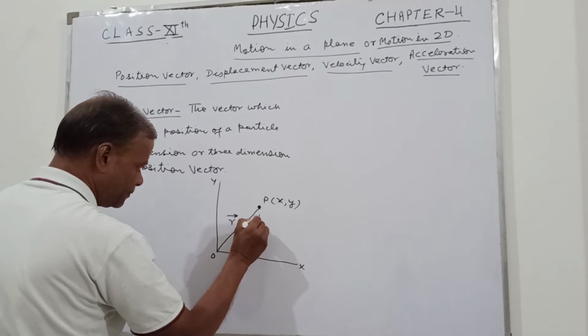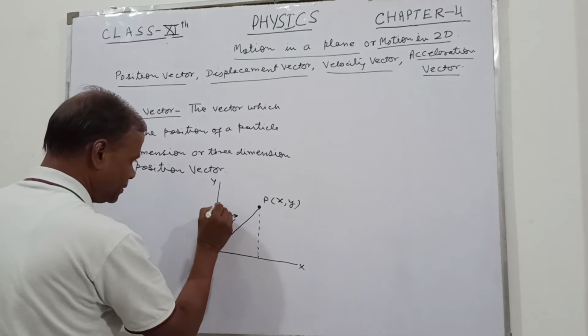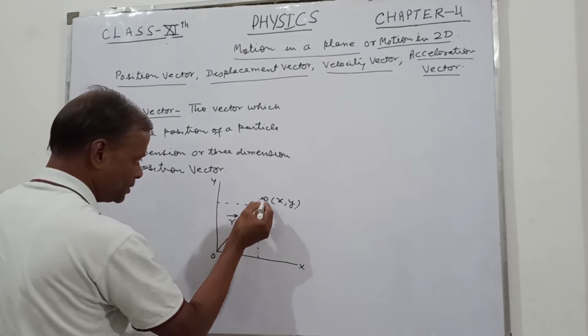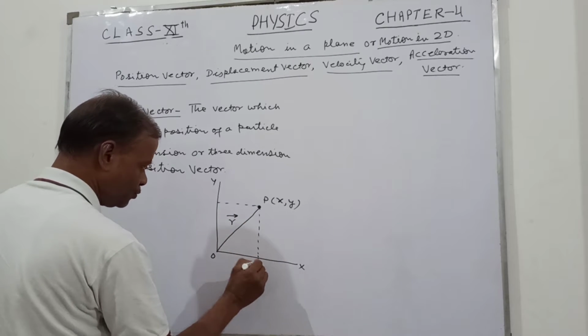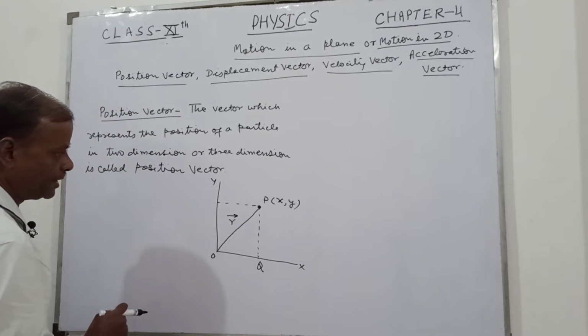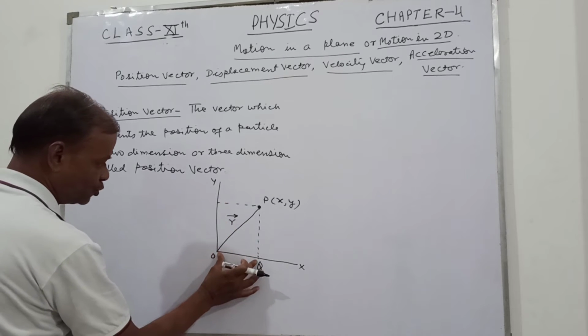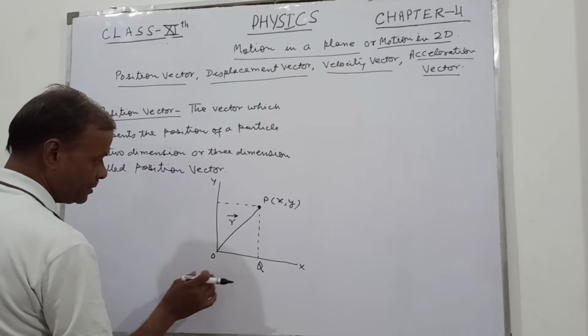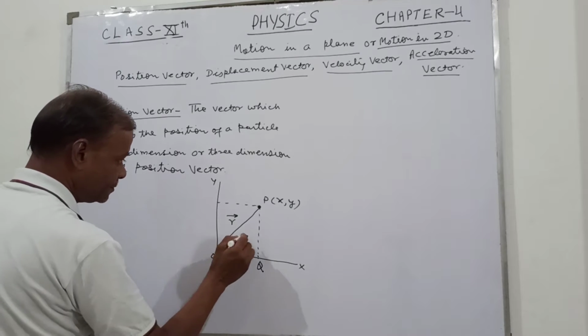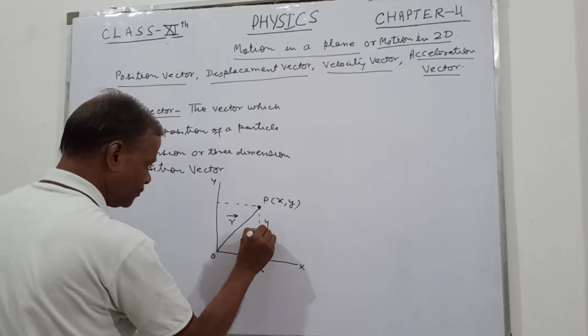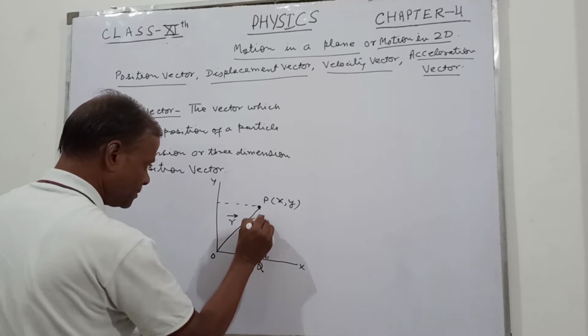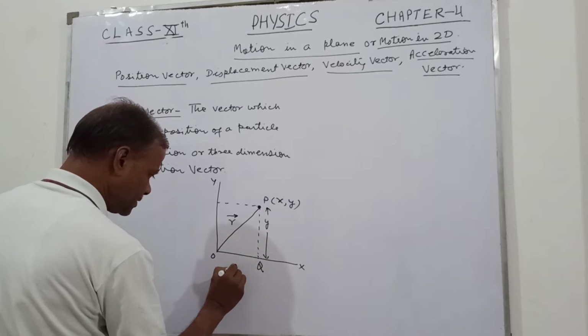Suppose this is Q. So this much is y and this much is x.